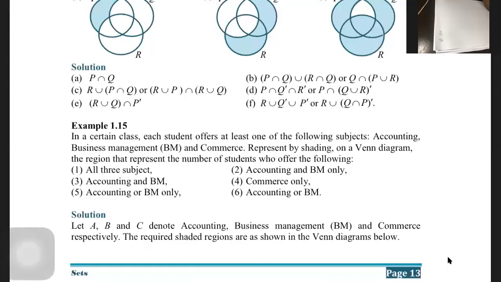Now, the 4th one is commerce only. The 5th one is accounting or BM only. And the 6th one, accounting or BM. Represent by shading.